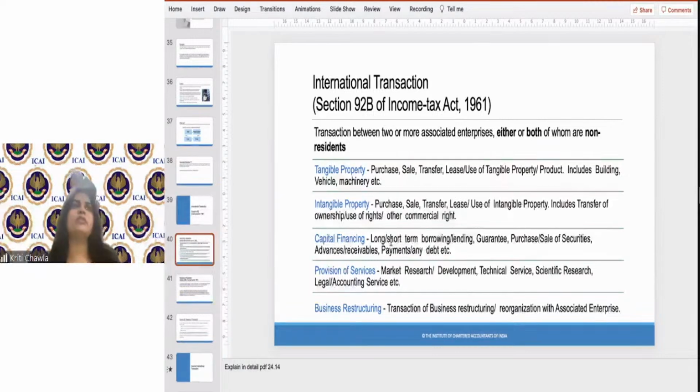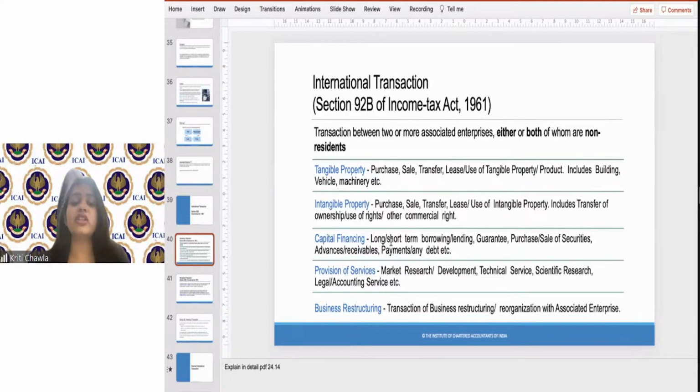So intangible property would be in the nature of trademarks, patents, know-how, etc. All these commercial rights, ownership rights, etc. are intangible property. So even if one enterprise is selling its patents to another enterprise, that is going to be an international transaction. Even if there is a purchase transaction, or they're leasing intangible property, that's all considered an intangible property transaction, and will be considered an international transaction.